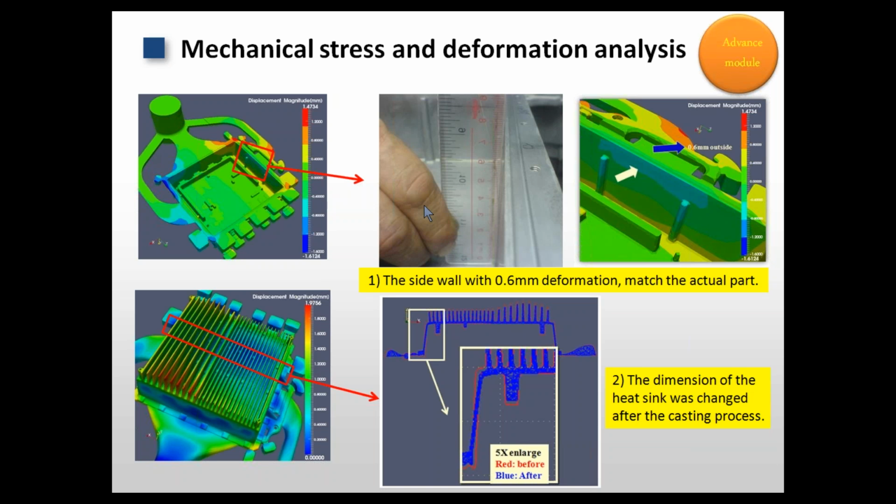It's quite similar, and of course we could make a section to check the deformation. If the deformation is quite small, you could enlarge it in the post-processor to make it much easier to observe.